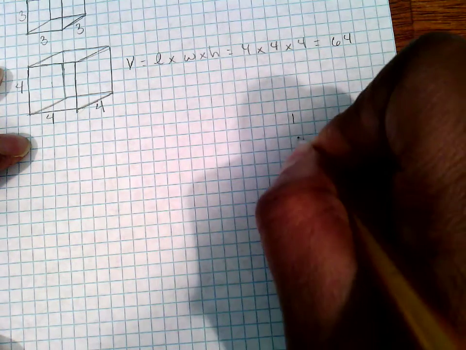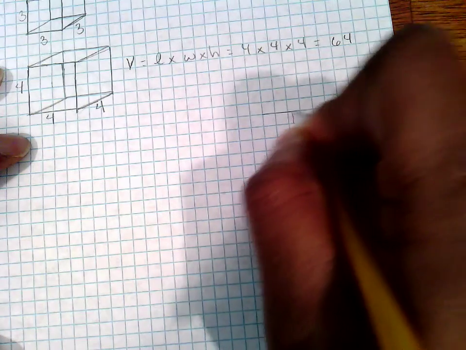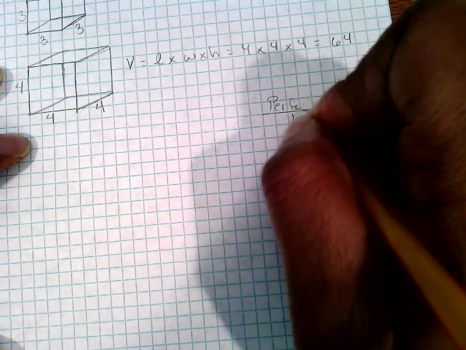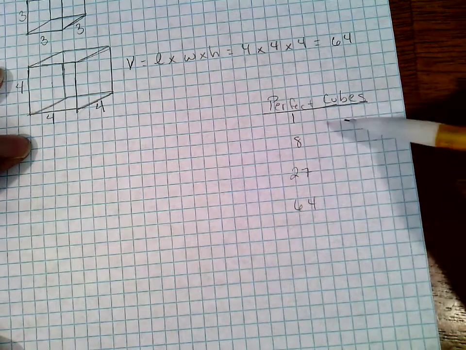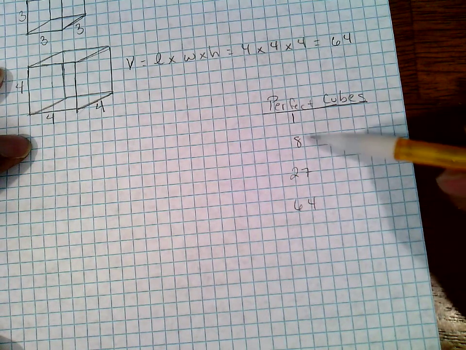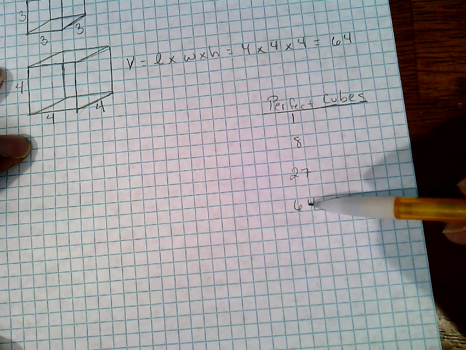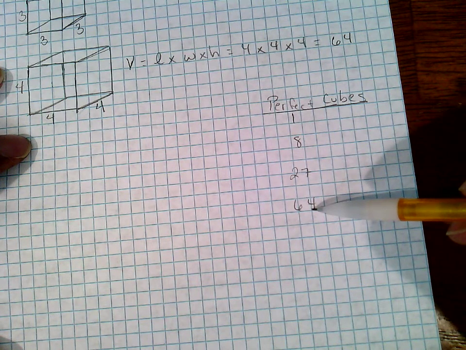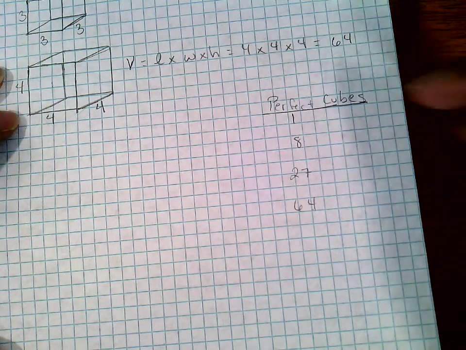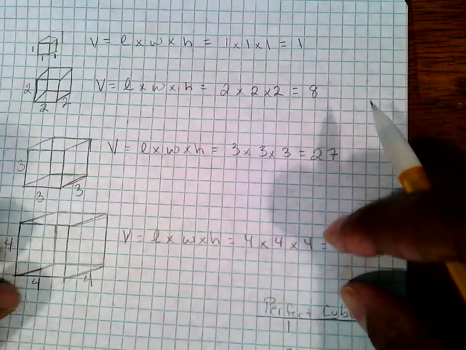These are what we call perfect cubes, which means if we take the number of blocks for each one, we can create a perfect cube with those blocks. And we talked about how do I cube a number. Let's go back and look at the volume.